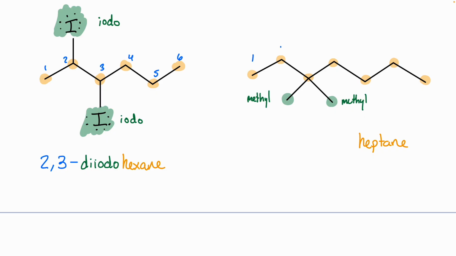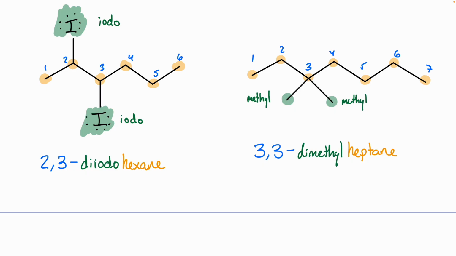All right. When I number my parent chain, I'm going to have the lowest number in the name. They both are located at carbon 3. And everybody forgets that we need to include the locant of both of our substituents, even when they're on the same carbon. All right, so my correct name here would be 3,3-dimethylheptane.